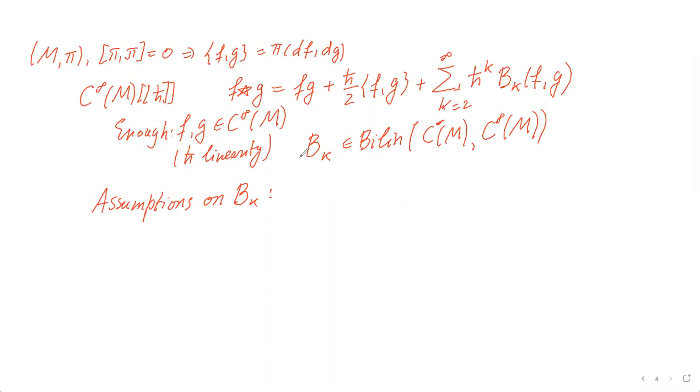If you're just asked what bilinear functions you can define on the infinite dimensional space of smooth functions on a manifold, you end up with something totally untractable. You have no control whatever over these bilinear functions. They can be really wild. So to have something a little bit more tame, people usually assume that b_k are given by expressions of the following form.